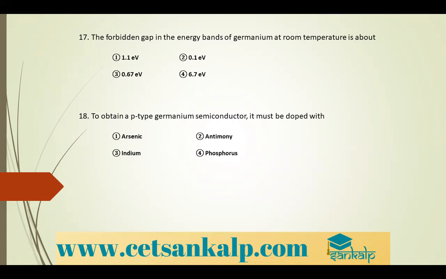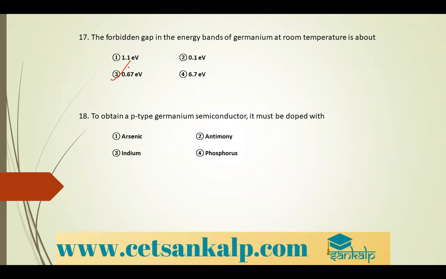As you know, Eg of germanium is 0.67 electron volt. So option 3. Okay, that you have to remember.